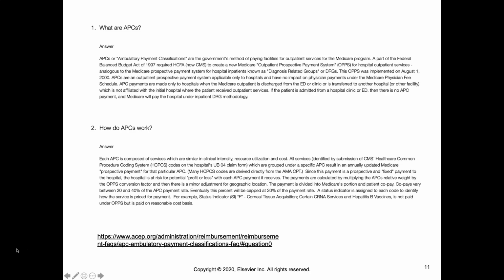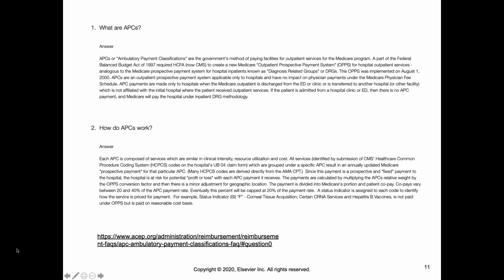But anyway, it goes on to say here that this payment is a prospective and fixed payment to the hospital. So for a particular APC, there's a payment that's associated with that, and that's all the hospital gets. So if a hospital can estimate, oh, this patient will likely have these 3 APCs, they can figure out pretty much what they can expect in terms of payment.